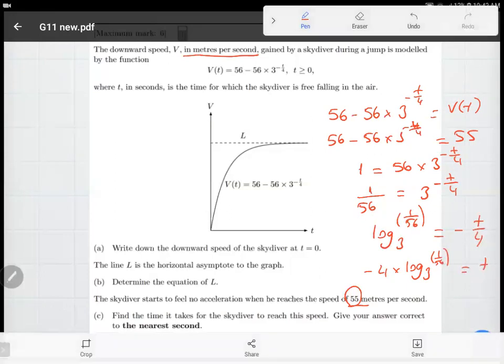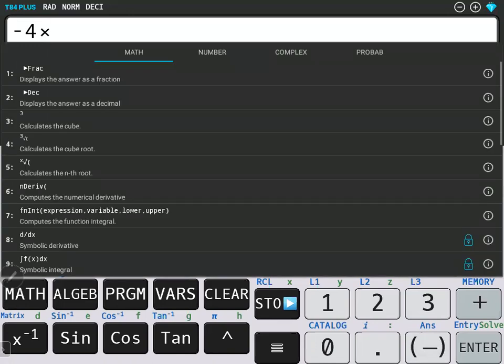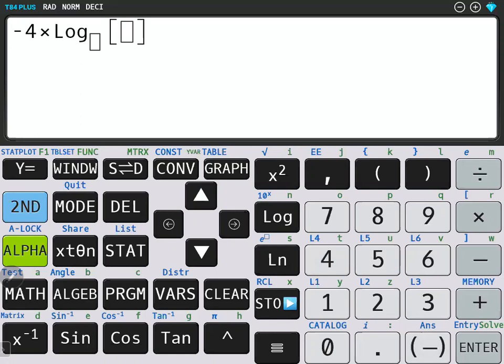Now we will do this calculation with our calculator. Okay, let's write all the numbers here. Minus 4 and then times, math, and go to log base. And the base number is 3. Now we need to write a fraction here.